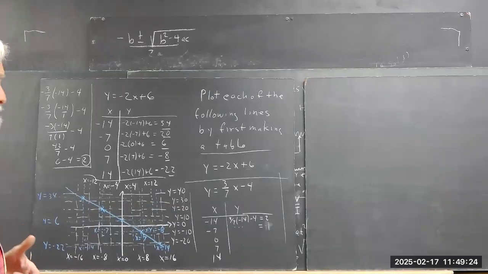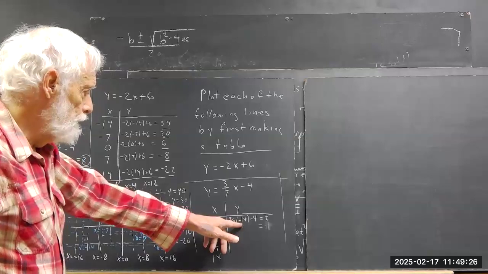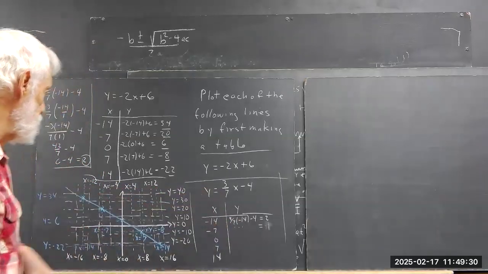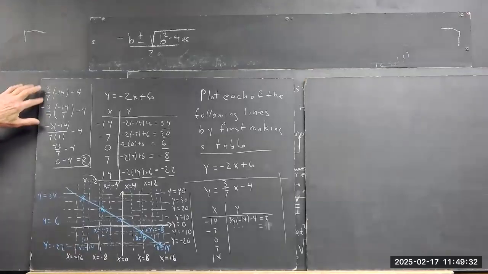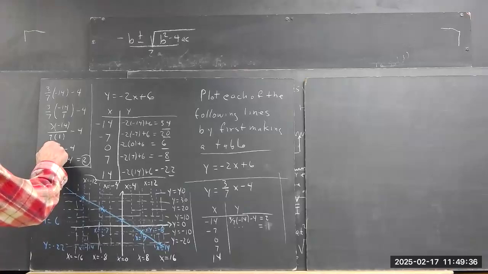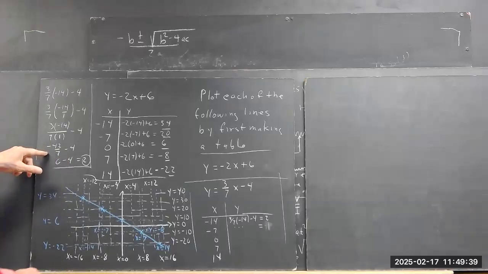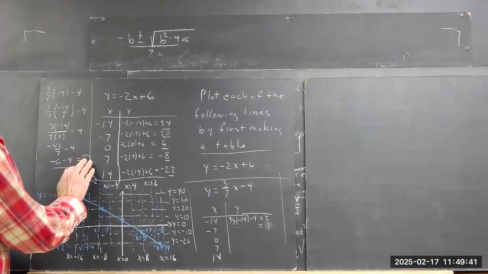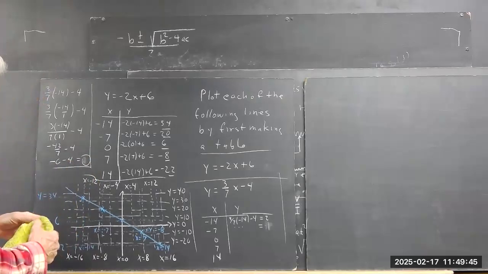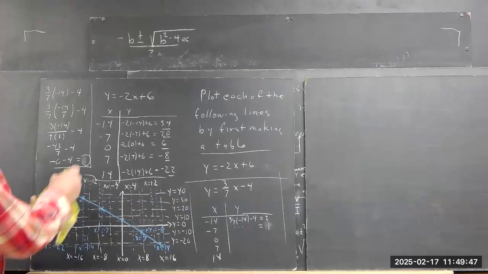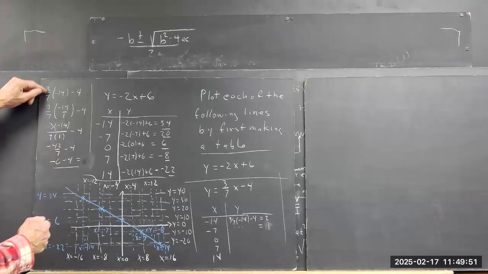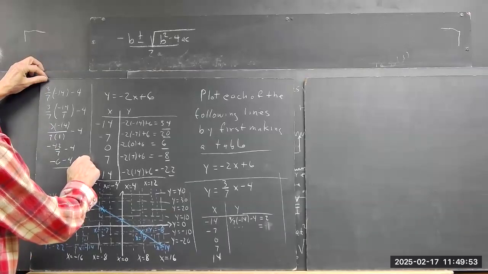And I made a mistake here when I wrote the coefficient as -3/7. So this wasn't quite right. It's 3/7 times -14, which is negative 42 over 7, which is negative 6 minus 4, which is then negative 10. Okay, made a clerical error. I put a negative in front of that 3/7, it shouldn't have been there.